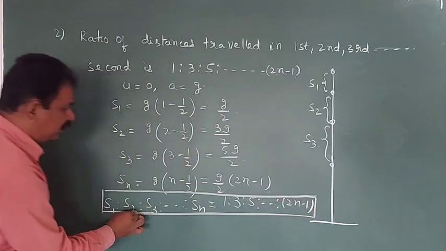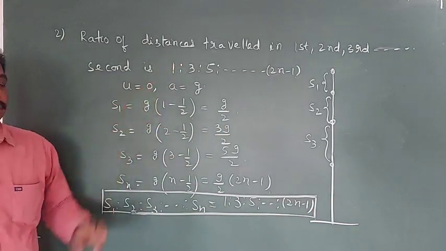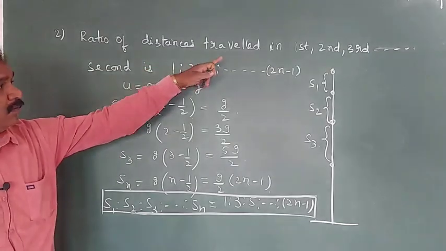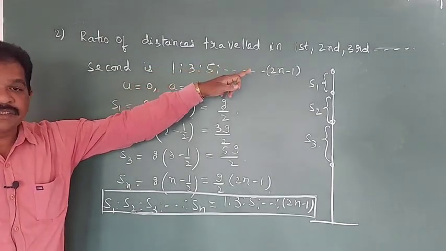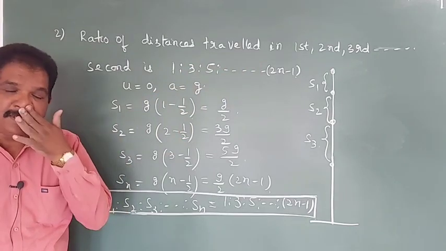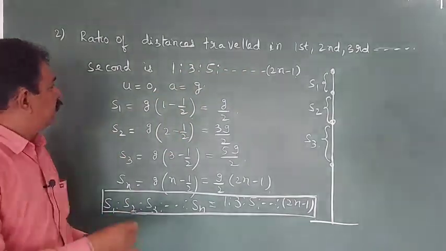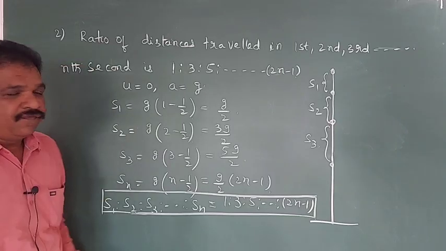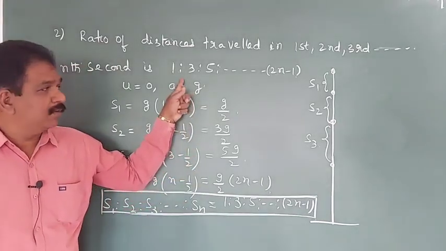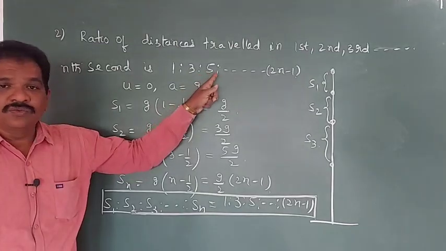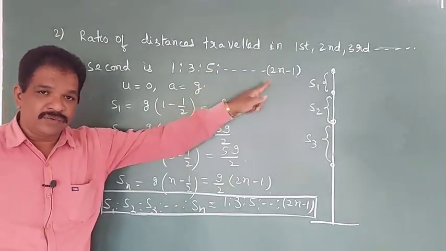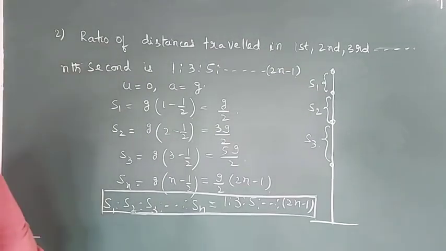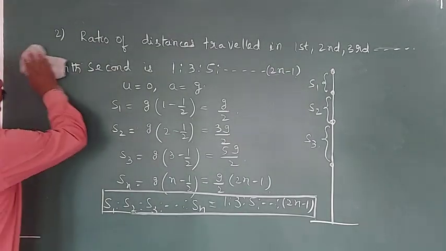In this way, the ratio of distances traveled in the first second, second second, third second and nth second of a freely falling body will be 1 is to 3 is to 5 and so on, 2n minus 1. Okay, next third point.